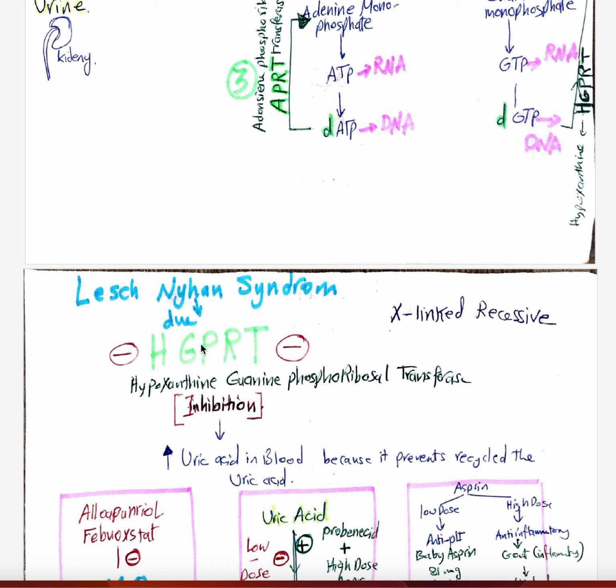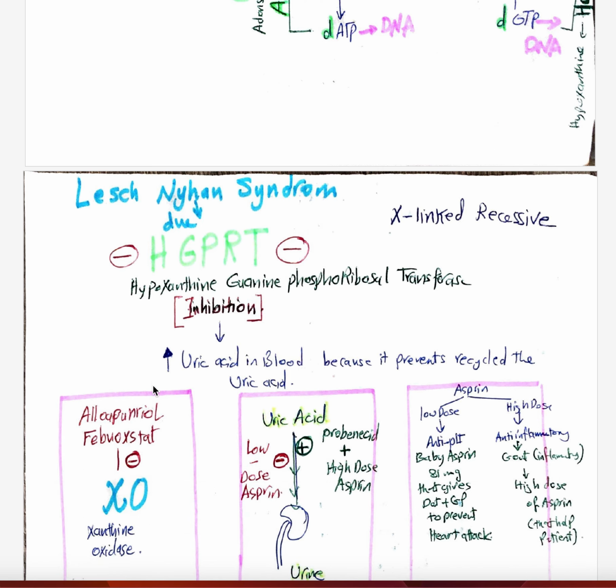But if there is inhibition of this enzyme, then hypoxanthine goes to xanthine by xanthine oxidase, and then to uric acid, and the same for guanine. So that leads to the formation of a high amount of uric acid in the blood, because it prevents the recycling of the purines.